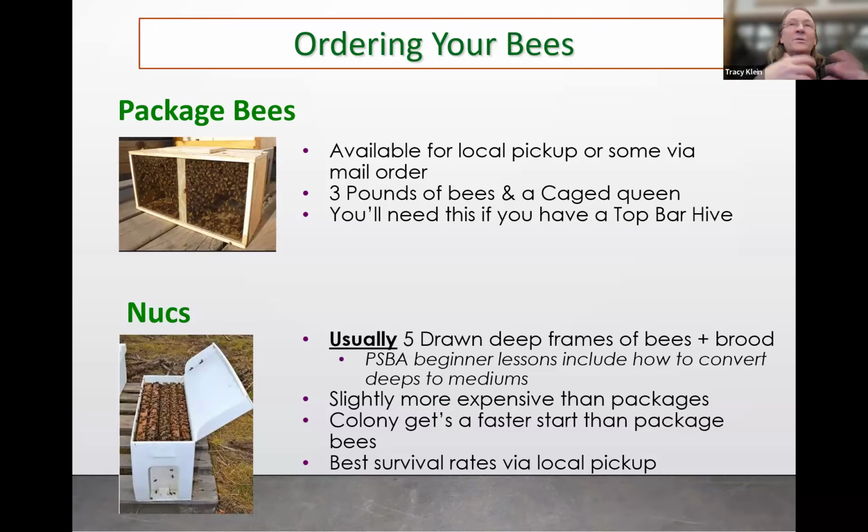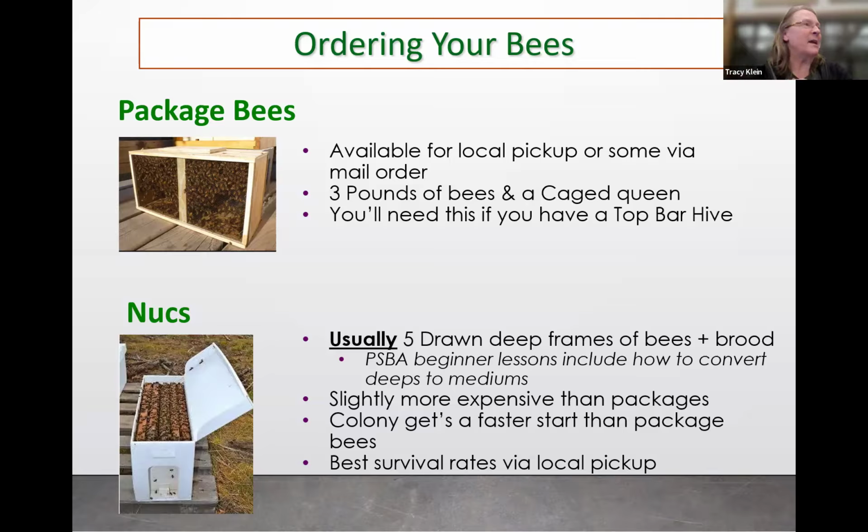So when you purchase a nuke, make sure you're asking your vendor what's in it, because I've seen everything from 3-frame nukes, or people say, oh, I've got a 5-frame nuke, but 1 frame's an expansion frame. What does that mean? It's a filler. I saw one that was advertised as a 5-frame nuke that includes 3 frames of bees, 1 expansion frame, and a feeder. Not a 5-frame nuke.